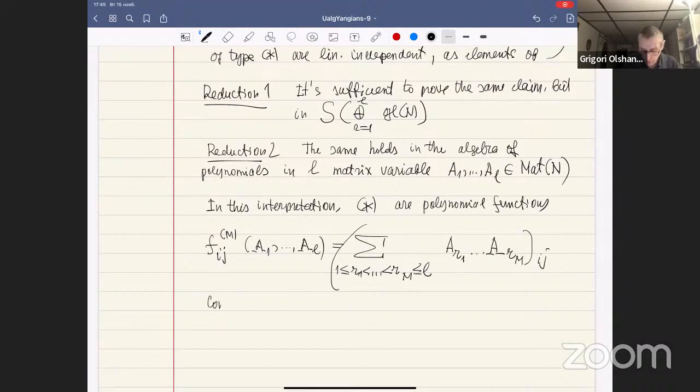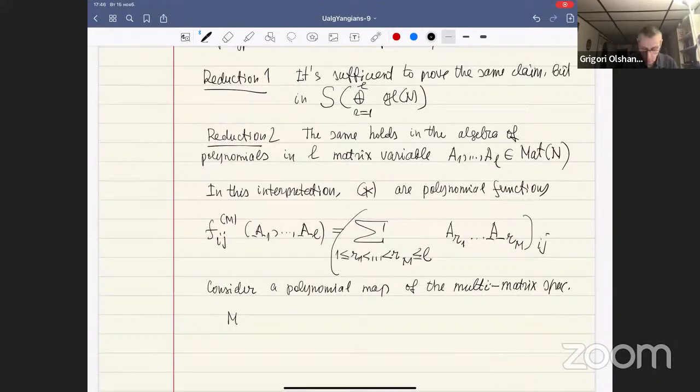We consider a polynomial map of the multi-matrix space, by which I mean that we have a space of matrices, the direct product of L copies.